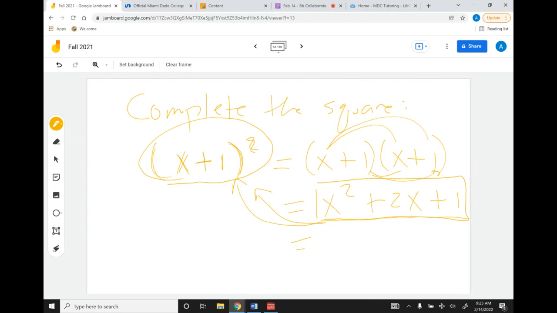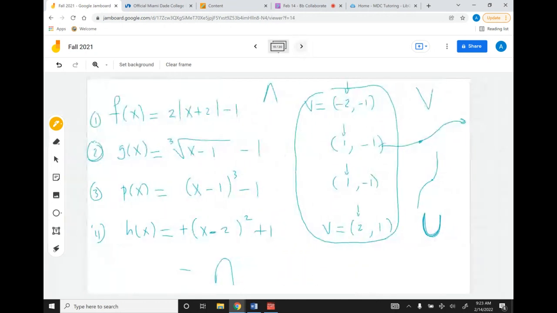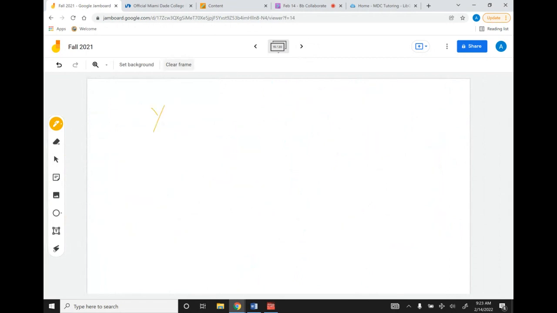Okay. So I'm going to use the same example. And notice that what makes this a perfect square is the fact that this here is a 1. Now I'm going to show you how do I get that 1. So I'm going to take it to the next level. Okay. So there you have this. Suppose you had this. And they tell you create a number in that little space there in such a way that you end up with a perfect square.